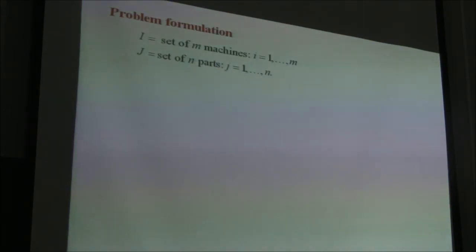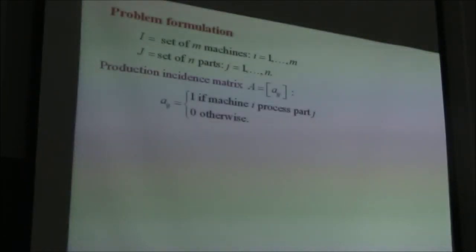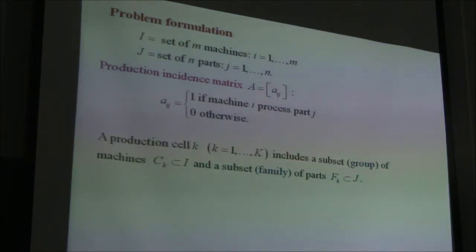Okay, good. So let me formulate the problem so that we can see how we can use the Dinkelbach procedure. So we assume that we have a set of machines and a set of parts. And you have a matrix, an incidence matrix, indicating the interaction between machines and parts. That is to say, Aij is 1 whenever machine i processes part j. So the idea is to specify what we call cells.